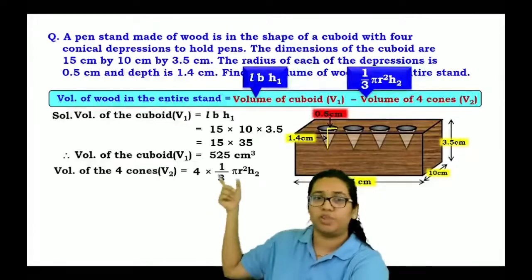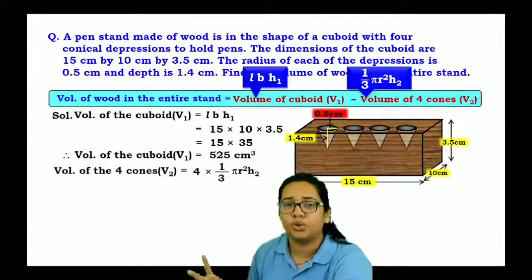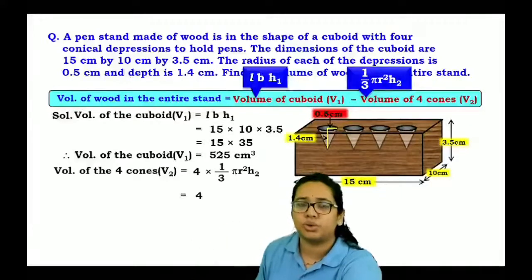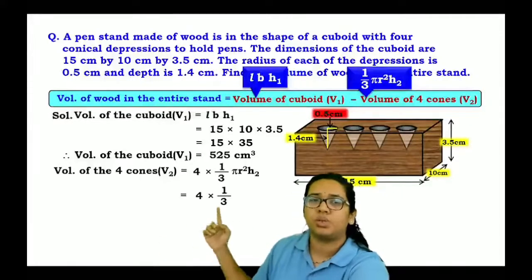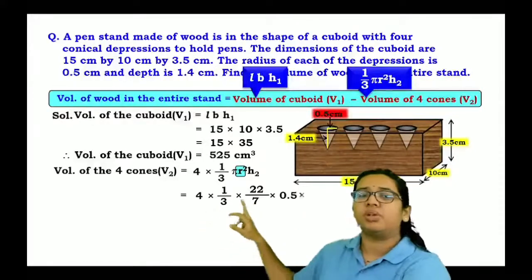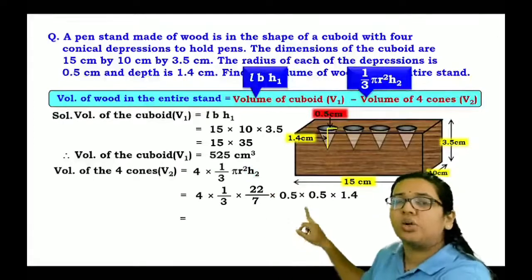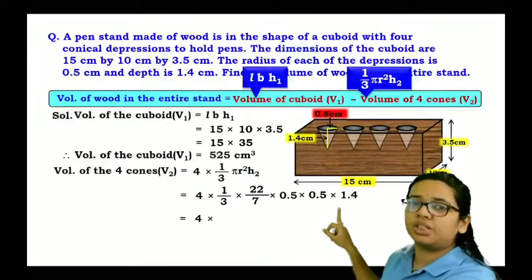Volume of the cuboid will be 525 cubic centimeter, and volume of the four cones will be 4 into 1 upon 3 into pi r square h, that is 4 into 1 upon 3 into 22 upon 7 into r square into h.